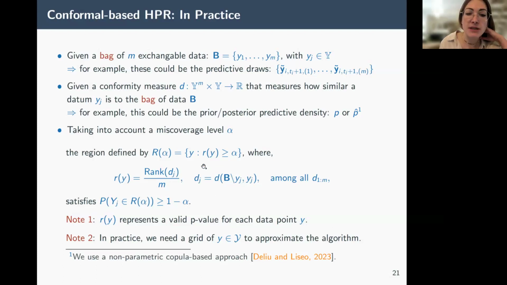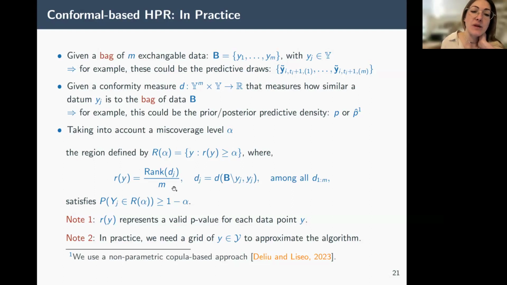So this measure here, as mentioned before, is just a measure of the distance or the conformity between the bag excluding the sample for which we want to measure the conformity, and the sample itself.